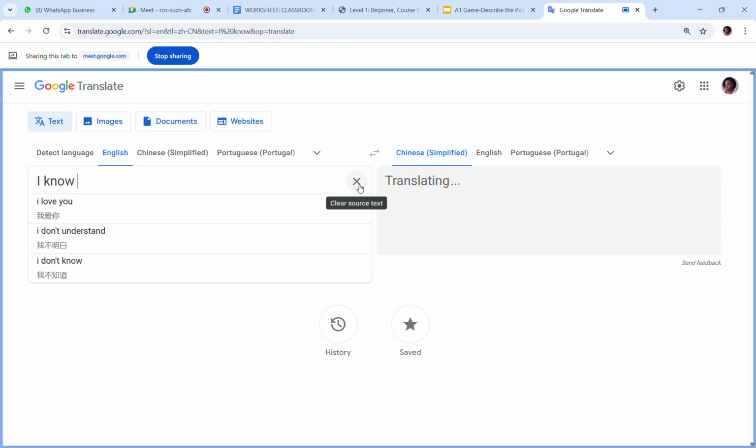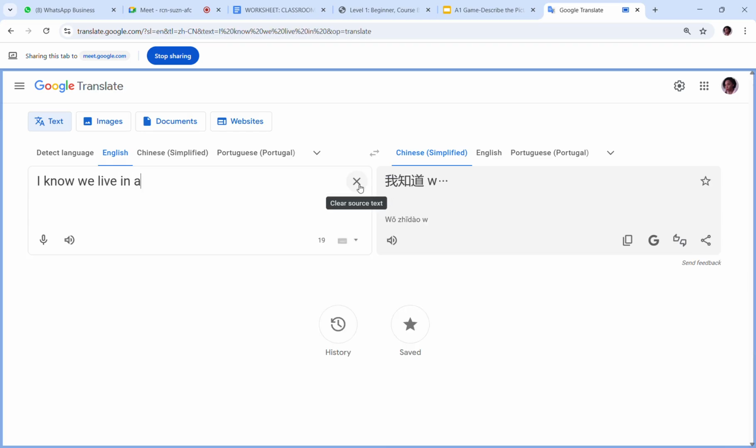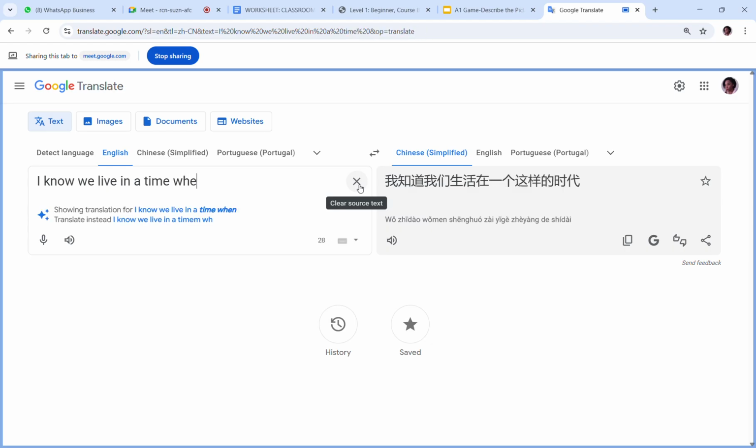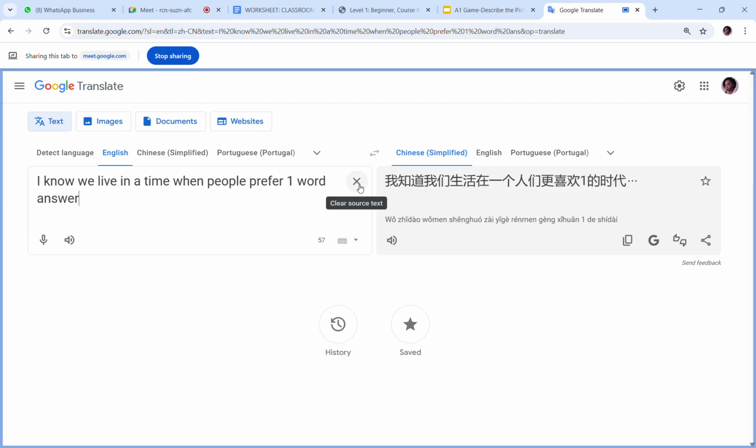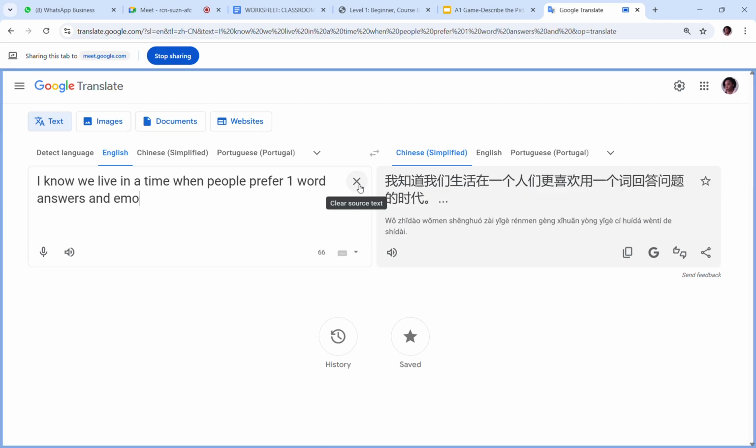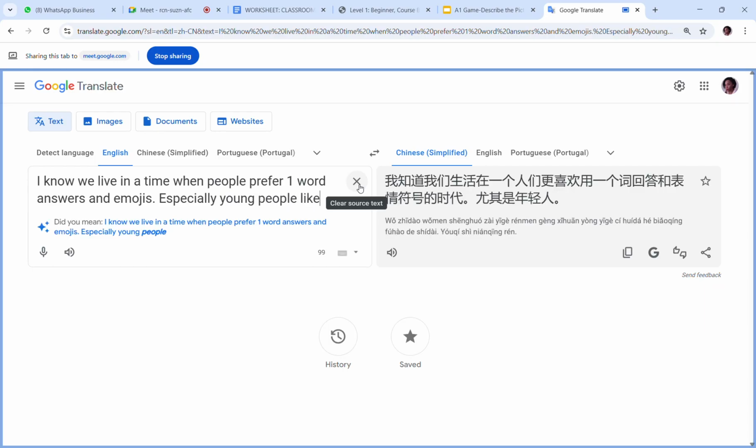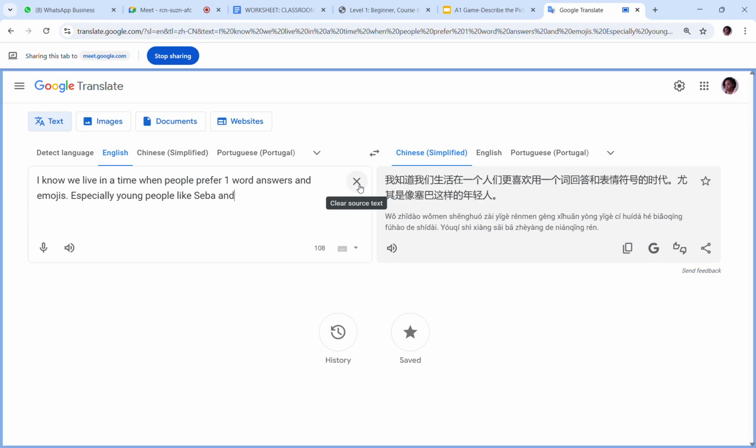I know we live in a time when people prefer one word answers, and emojis, especially young people.